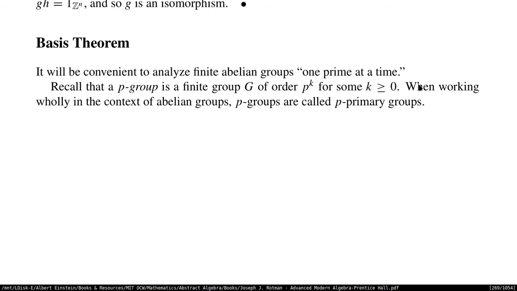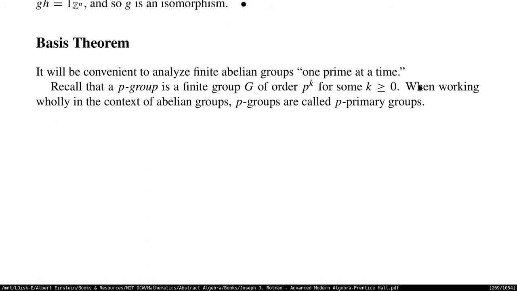Whereas you could have an infinite abelian group where everything is killed eventually by some power of P, but then the order is infinite. Does that make sense? Am I reading that right? Okay, that makes sense.